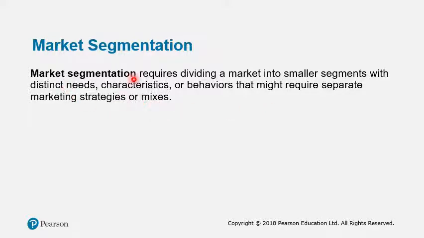When we do market segmentation, basically we are putting together people who have similar needs, characteristics, and behavior within the same group. It is different from another group, which might have other needs, characteristics, and behavior. These groups, and there may be many, will need separate marketing strategies or mixes.